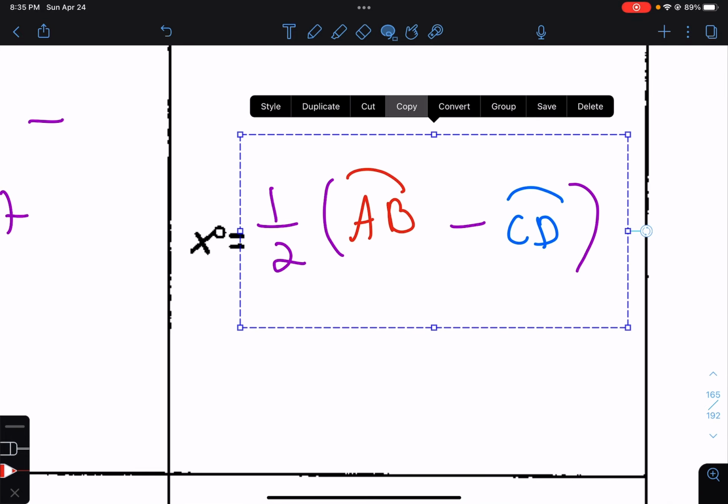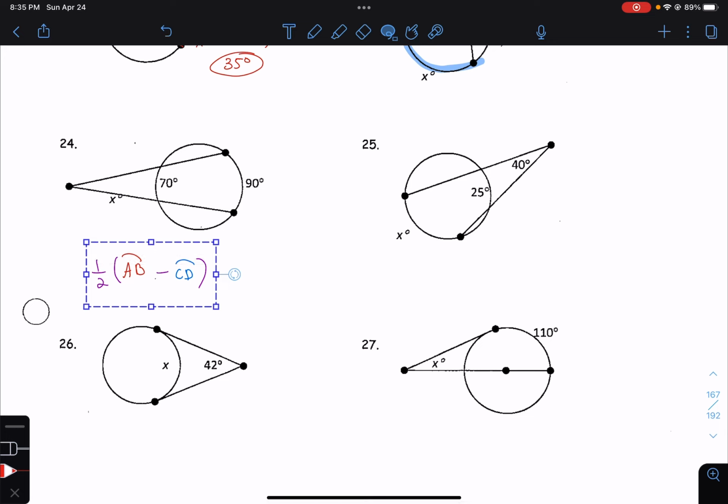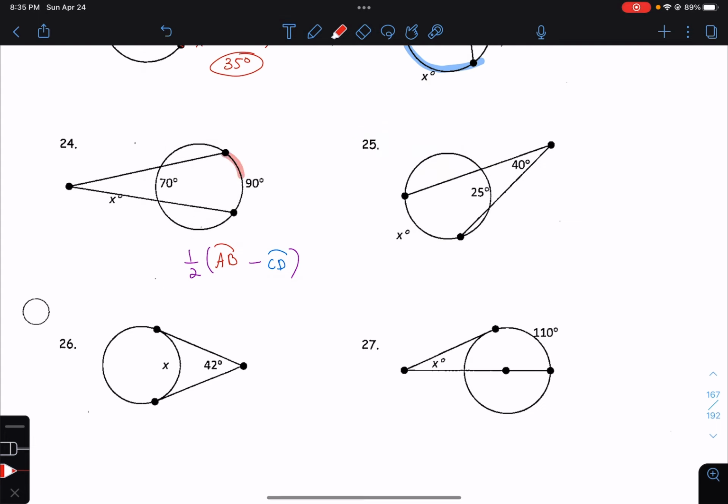We're going to do 1/2 of the bigger arc minus the smaller arc, and if you look at the image, you can see where that's all coming from. Also, this x should be right here. That was just a typo.